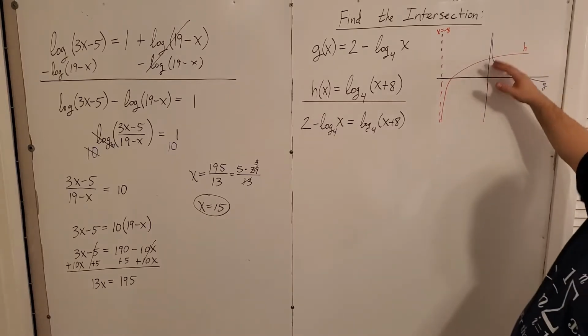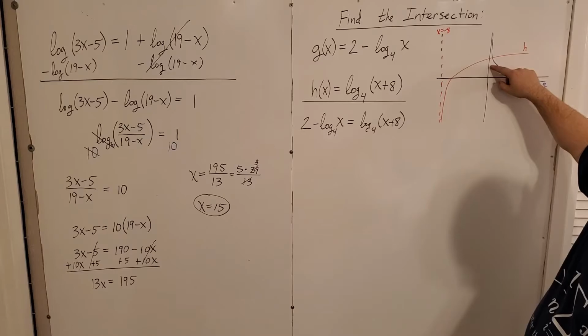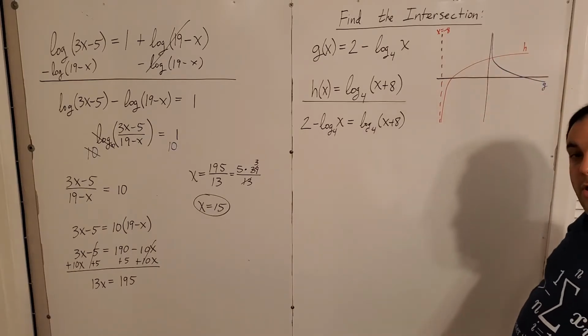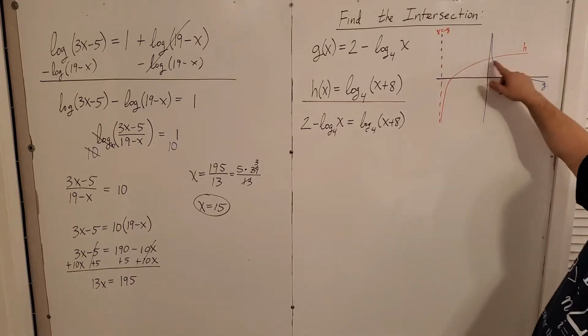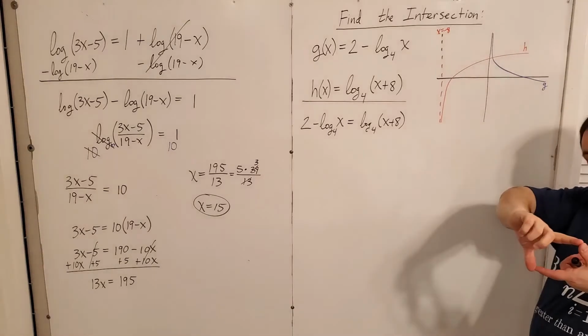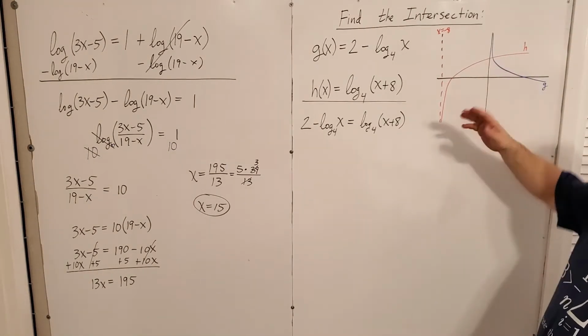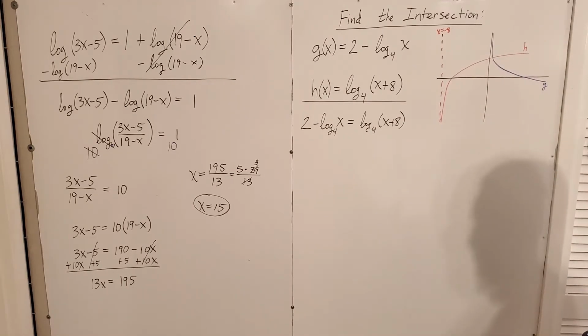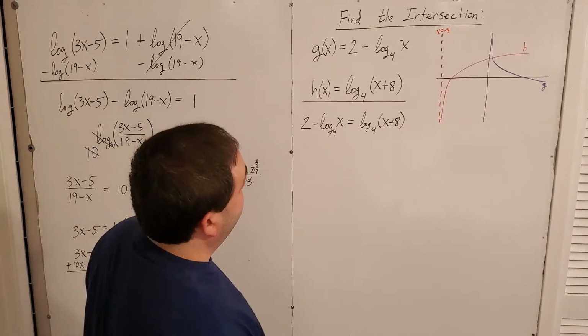Now it could be a little bit off, but since this thing doesn't go on that side, it is going to be positive, okay? And they do intersect, so we are looking for an actual answer here, and just one to be sure. Because sometimes logarithm functions can flip around and hit each other twice, and sometimes they can miss each other altogether. So it is possible to get several different types of answers here. These two should have just one intersection.